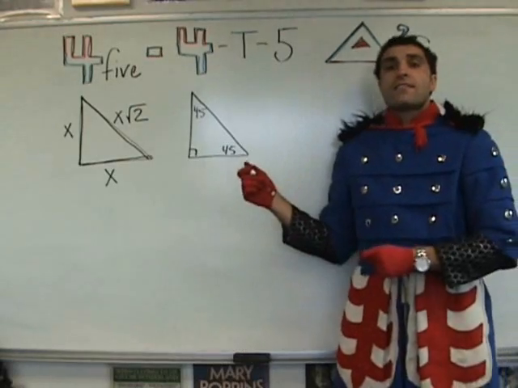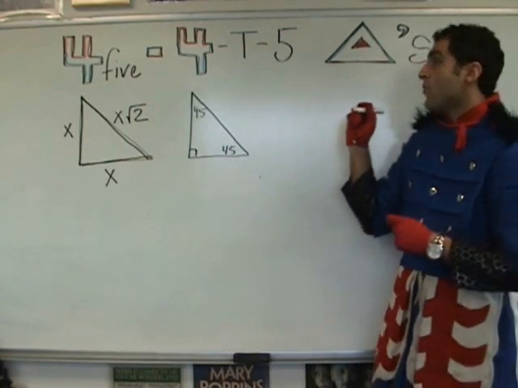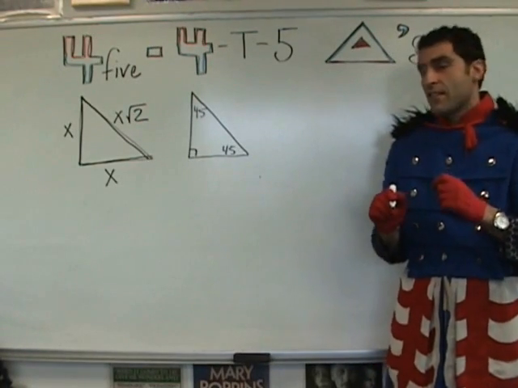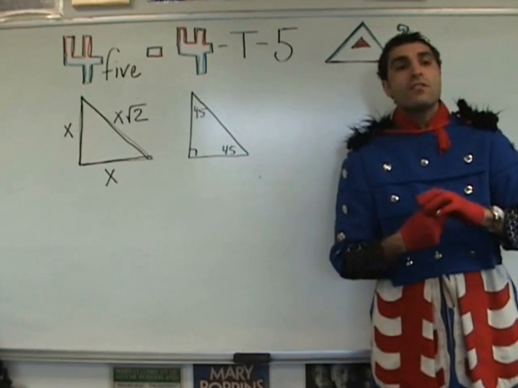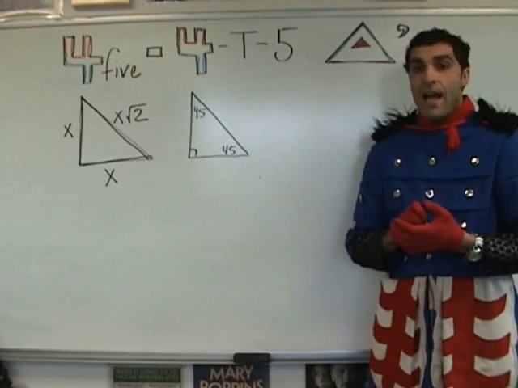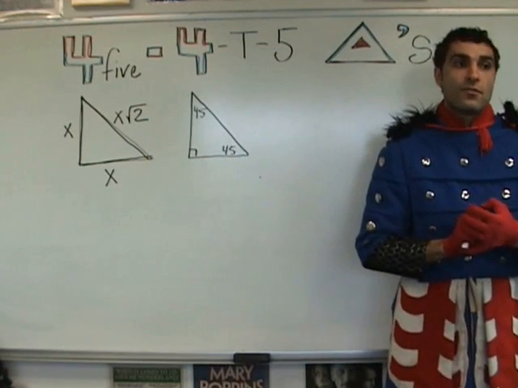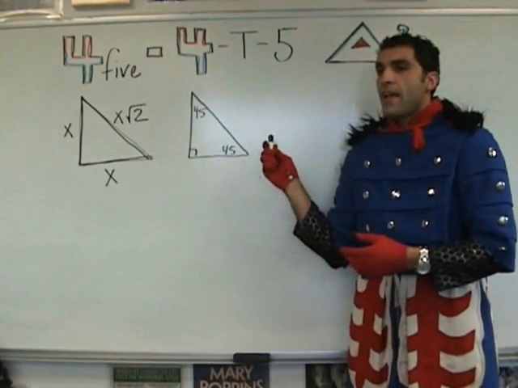Okay, so first let's classify this triangle. What type of triangle is this? Right triangle, correct. What other type of triangle is it? Isosceles. Very good. So an isosceles triangle has two or more equal sides, and two or more congruent angles as well. So this has two congruent angles.